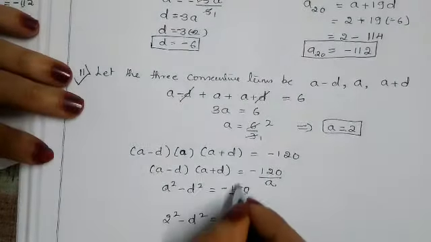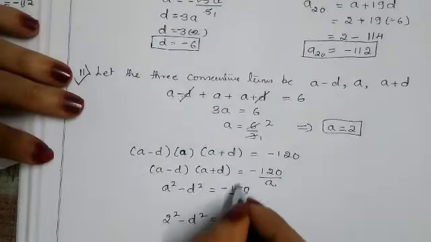4 minus d square is equal to minus 60. Minus d square is equal to minus 60 minus 4, minus d square is equal to minus 64. Minus minus get cancelled. D is equal to root 64, plus or minus 8. So we got the value of d.